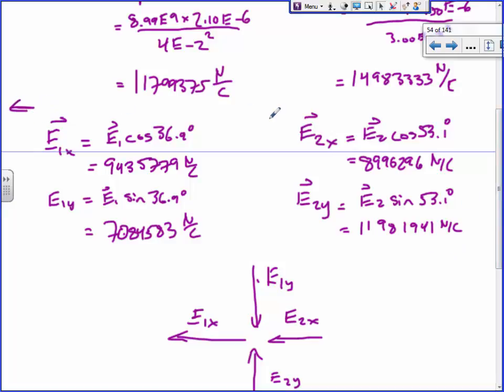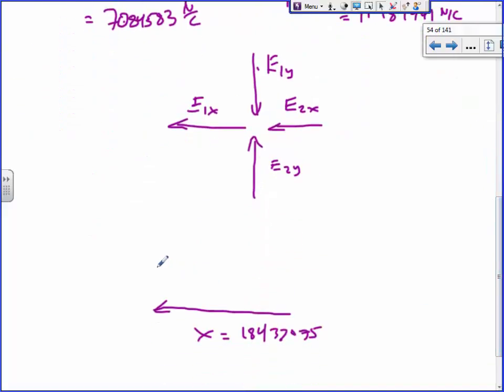That one goes that way. That one goes that way. Y was going up. That was going down. So that one wins. So I'm going to have one go up. So where are those numbers again?